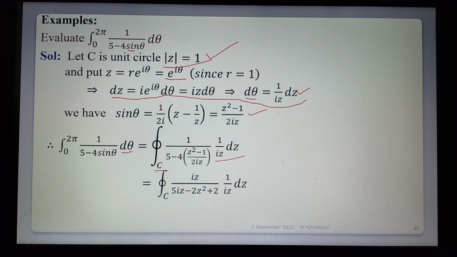Take the LCM, integration over C. The numerator: here 2 cancels, 4 by 2, so iz is in the numerator, over 5iz minus 2z square plus 2, into 1 by iz into dz. Here iz cancels, remaining integration over C minus 1 by 2z square minus 5iz minus 2.